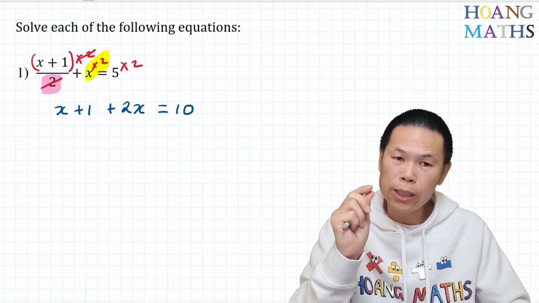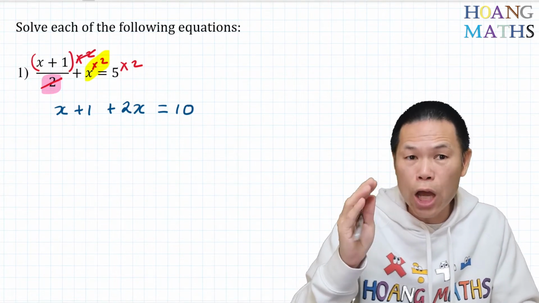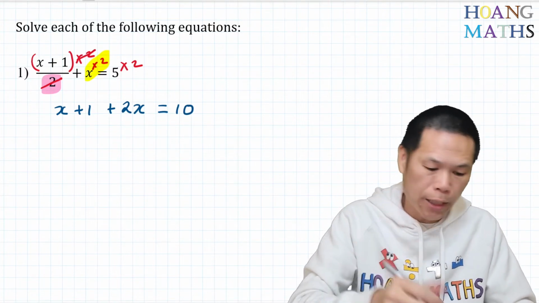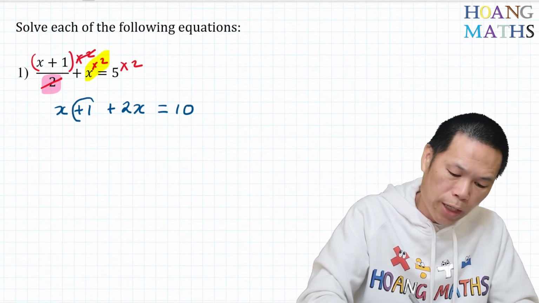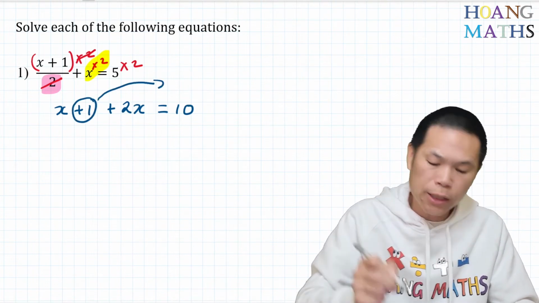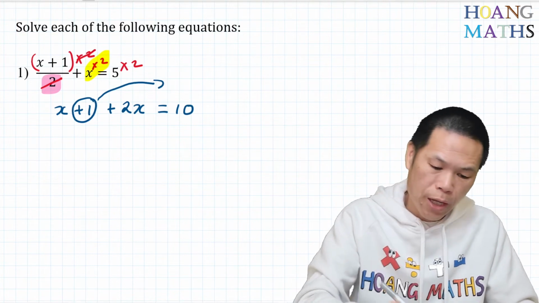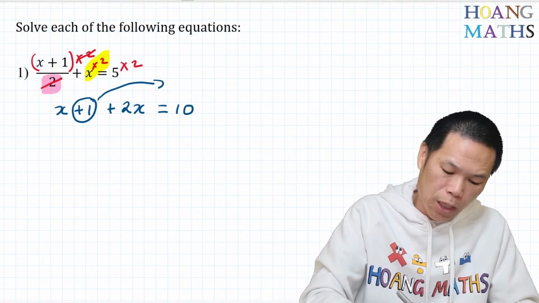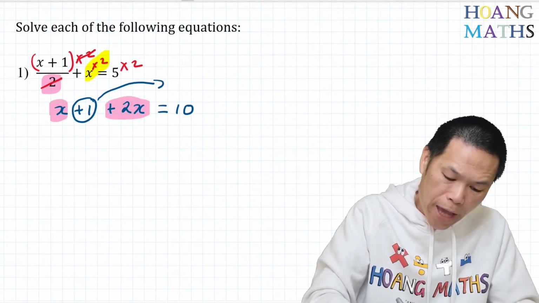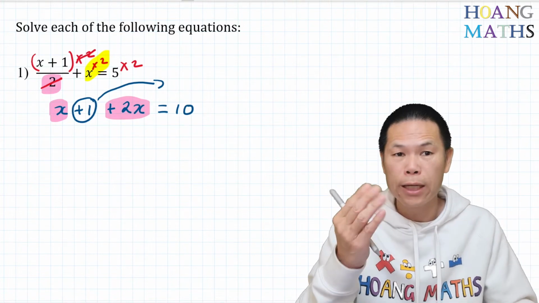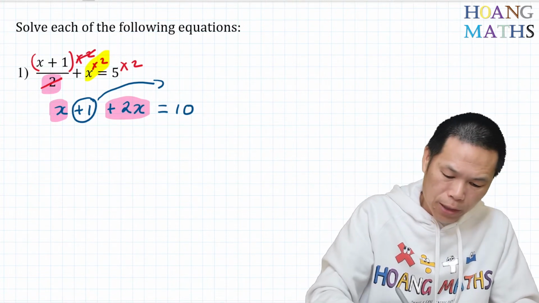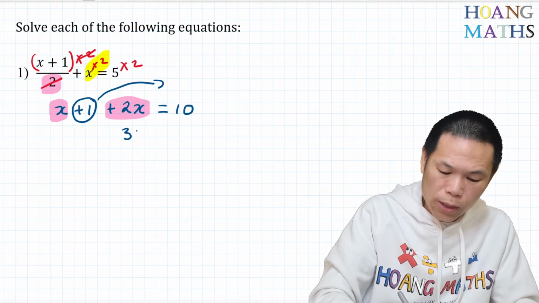So now what I do is I move letters on one side, numbers on the other side. So I just move this positive 1 to this side, becomes minus 1. And now I just collect like terms. So you have x and we add 2x. So x plus 2x is 3x. So I write this down. This is 3x.